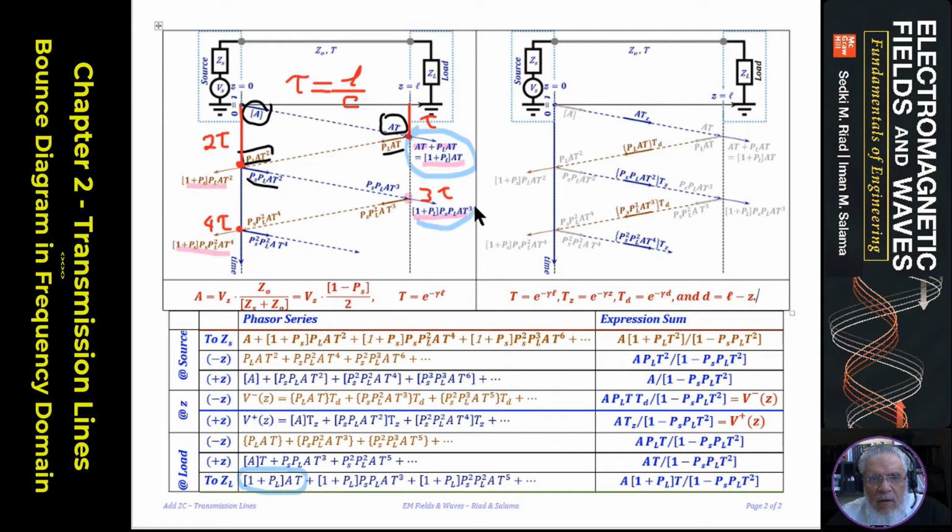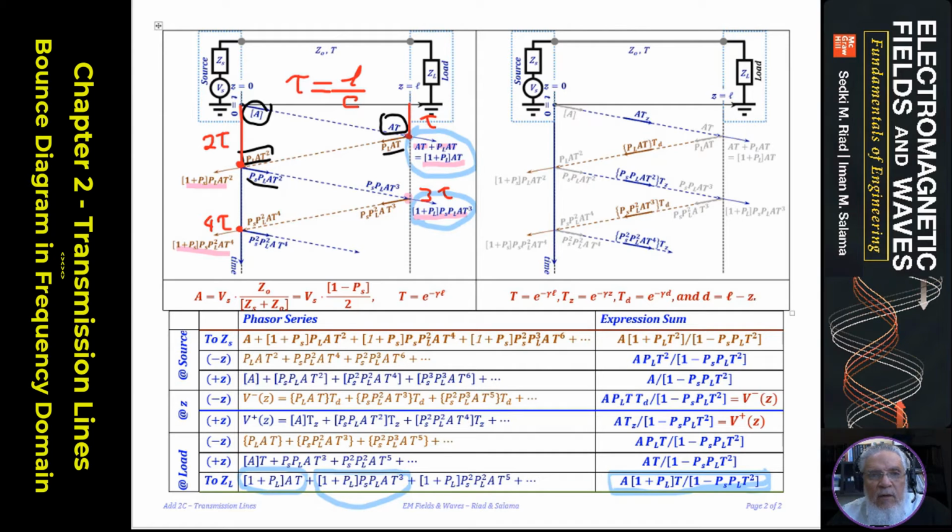Second arrival, right there. I can predict the third arrival and the fourth arrival, etc. And if you notice, this is nothing but a geometric series, and the geometric series adds up to this expression here. So actually this is your frequency domain expression of what gets to the load end in the steady state.